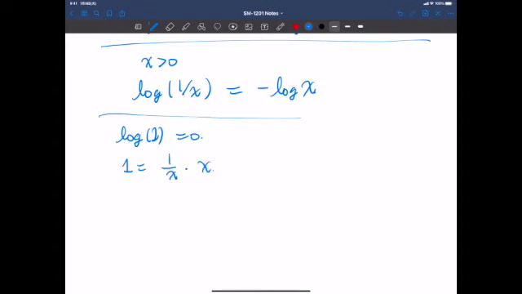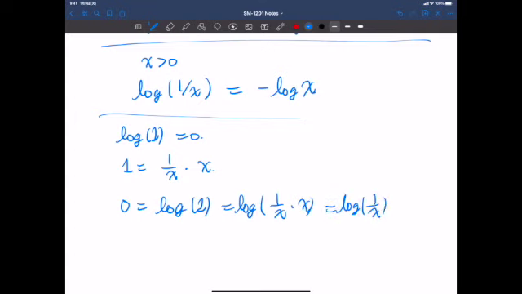So we have 0 equal to log 1, which is equal to log of 1 over x times x, which is log of 1 over x plus log of x. Therefore, we have log of 1 over x equal to negative log of x.